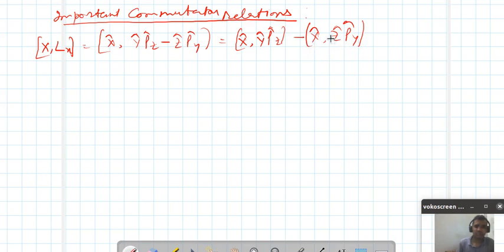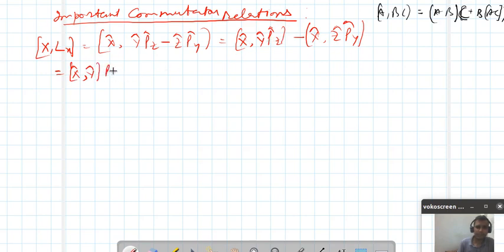And here I will use a simple formula that the commutator a, bc is equal to abc plus bac, right? So if I use this commutator relation, this can be modified as x y, and pz can be taken outside, okay, x y, then bac.